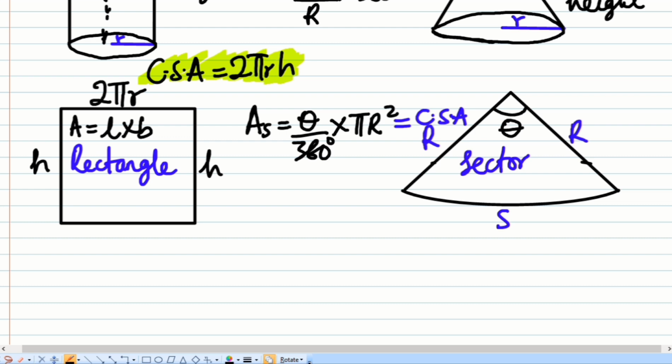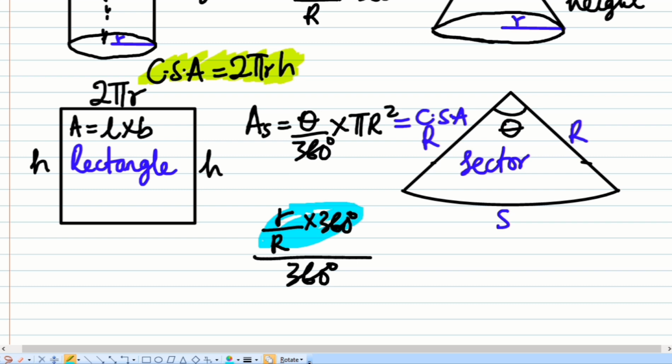So without further ado, I'm going to replace theta with r over capital R, times 360 degrees, over 360 degrees. Everything I've written here is just the same value for theta. So I just changed theta with what is equal to it, and then times pi R squared. Good.